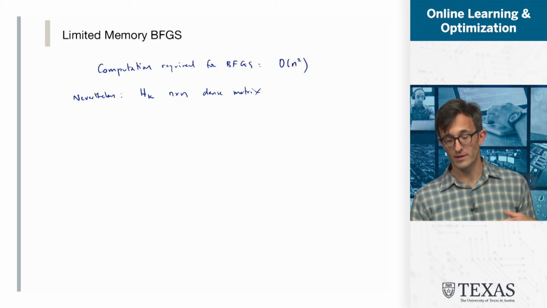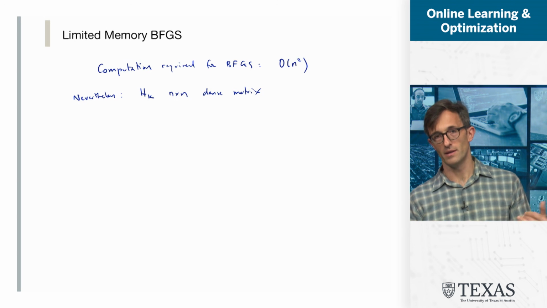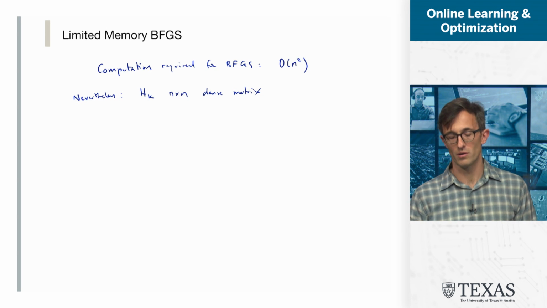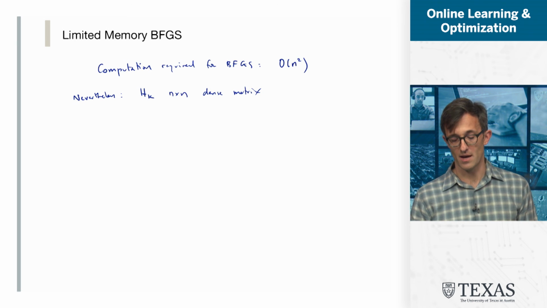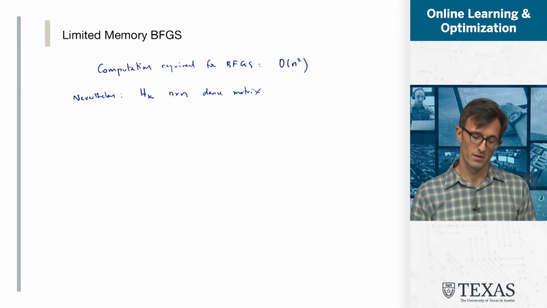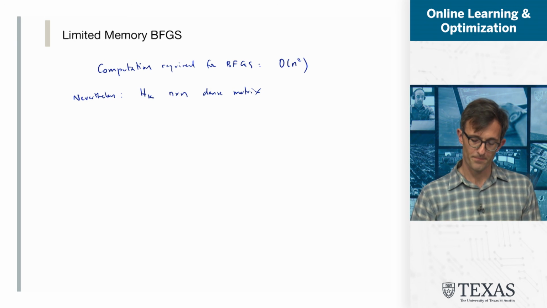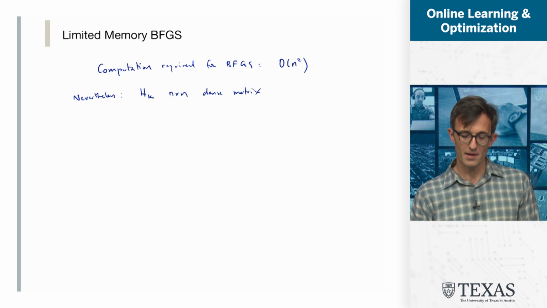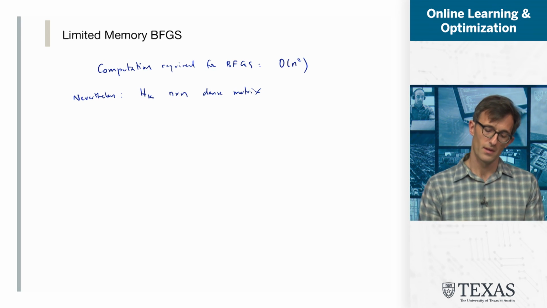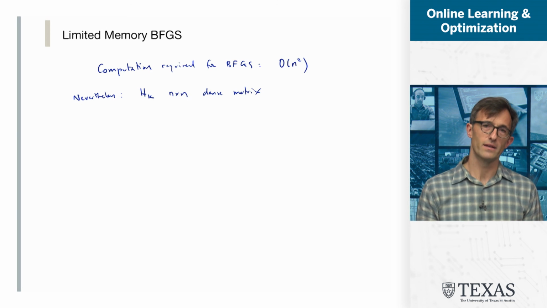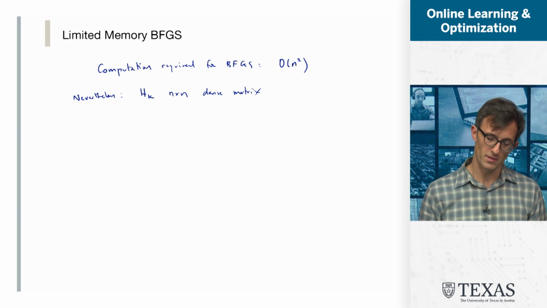If you think about gradient descent, in some way, it's what we're aiming for in terms of memory requirement or in terms of computation time. It doesn't have any n squared. We don't have to keep n squared around in memory or anything like that. So the idea behind limited memory BFGS is to say, let's look back at how HK is formed.